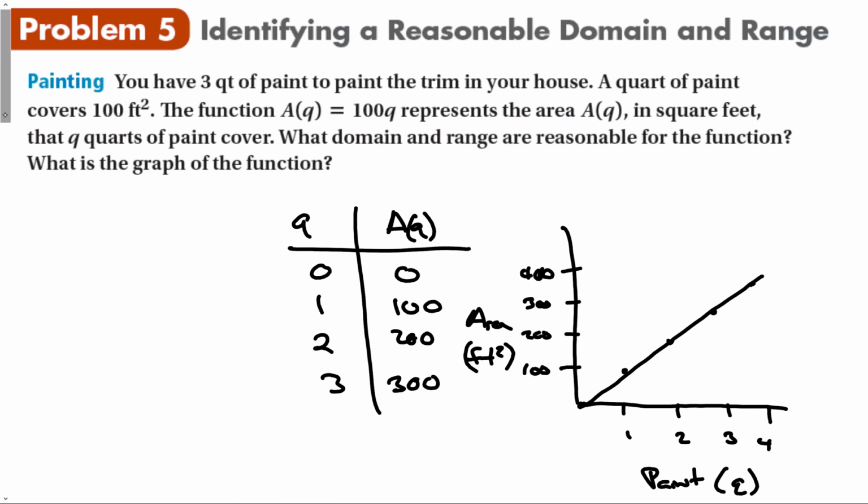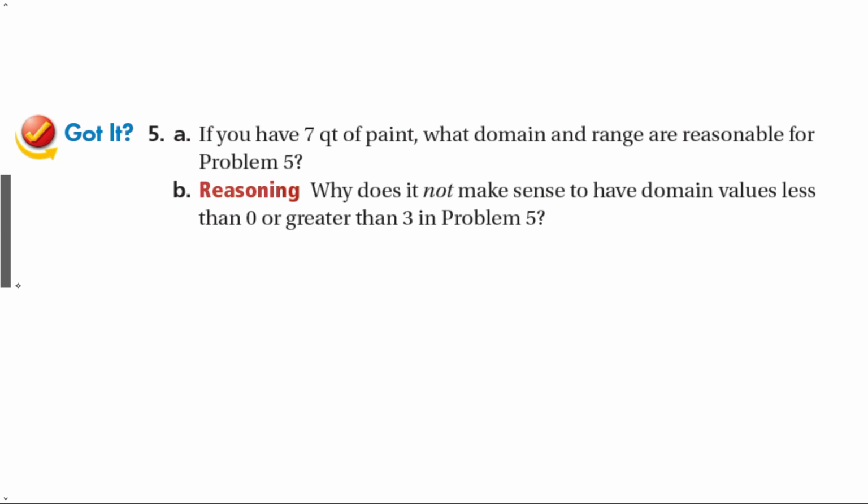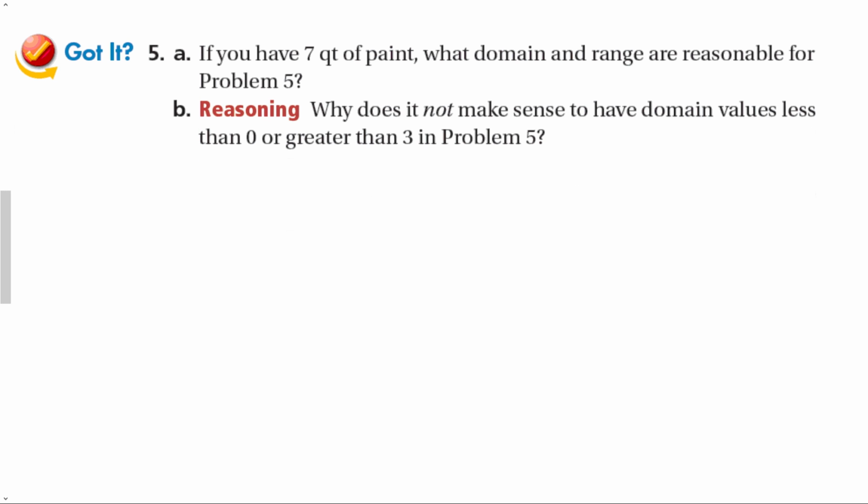All right. Let's look at our last got it problem here. If you have 7 quarts of paint, what domain and range are reasonable for problem 5? Well, the domain would be that your quarts of paint, if you have 7 and you can't get any more, right, the quarts of paint are going to be between 0 and 7.